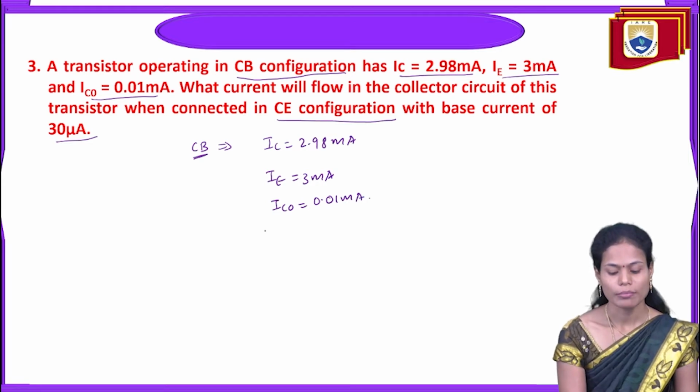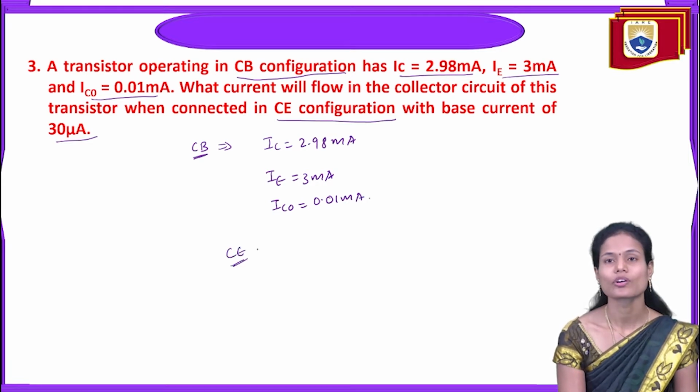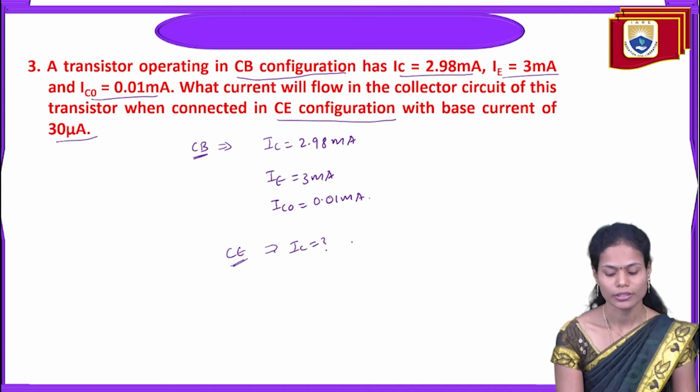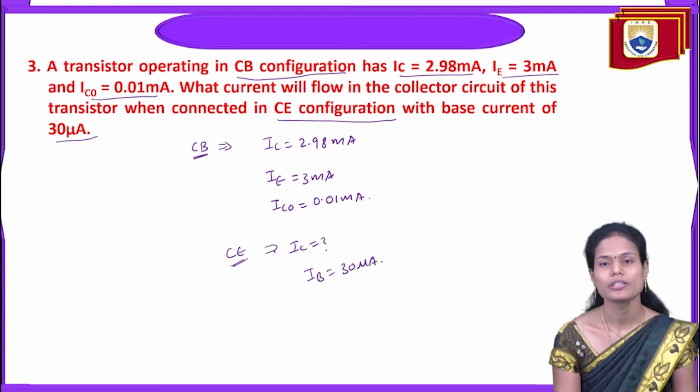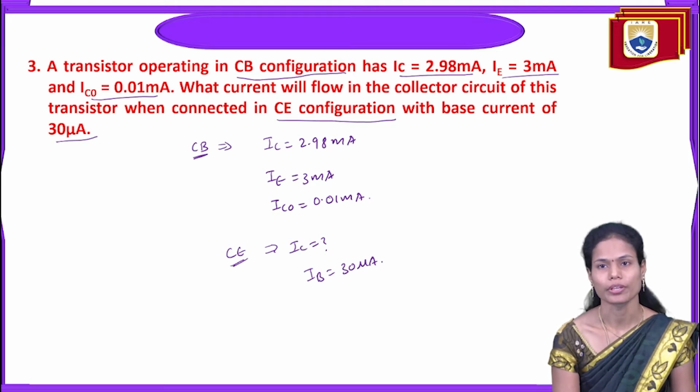If this same transistor is connected in the common emitter configuration, we need to calculate how much collector current is flowing, and for that purpose the base current value is given as 30 microamperes. If we write the current relations in the common base and common emitter circuits, we can solve this particular problem.